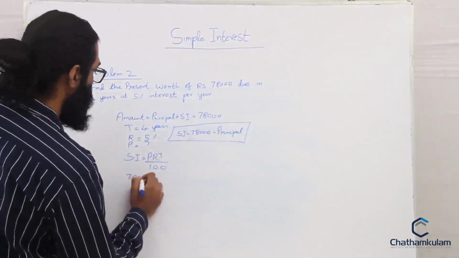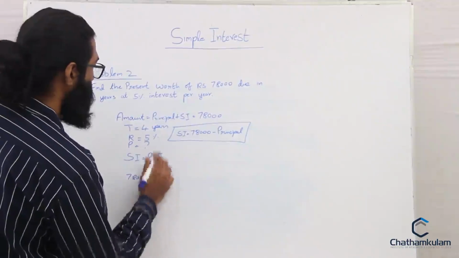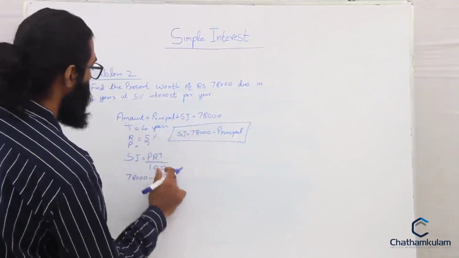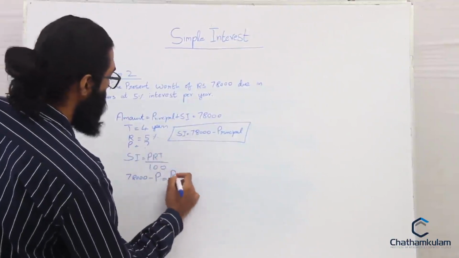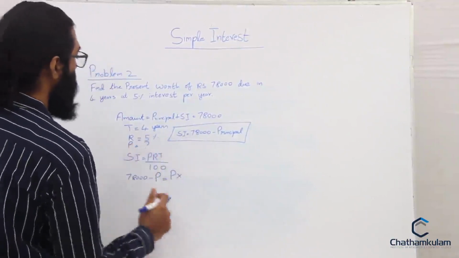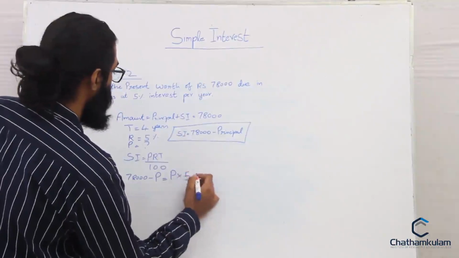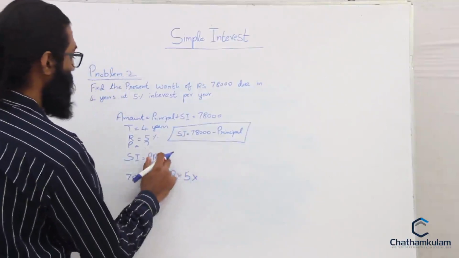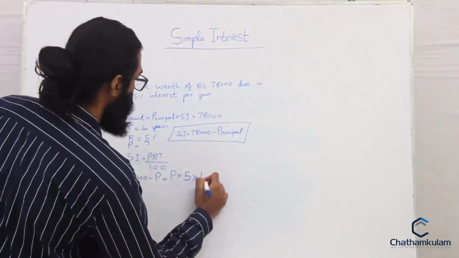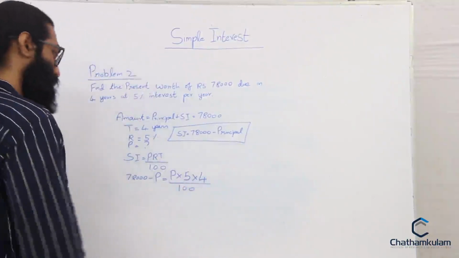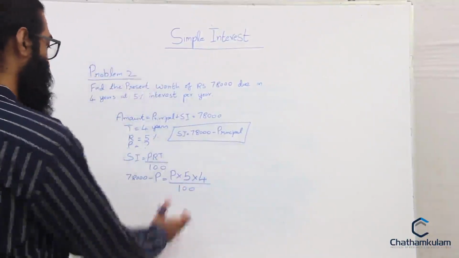So we can write SI as 78,000 minus principal, that is P, equals P into R, which is 5, into T, which is 4, by 100. Is this clear?